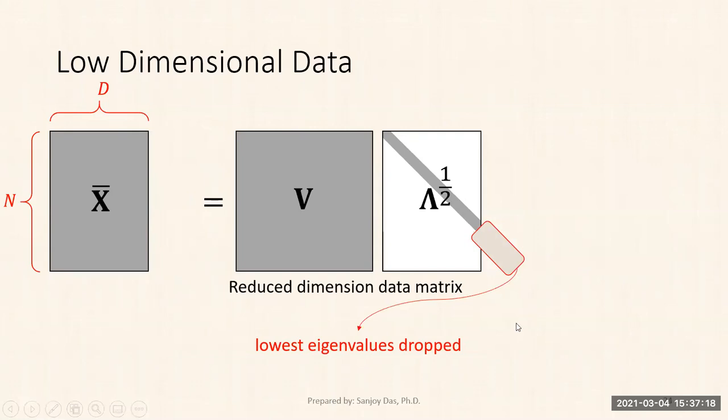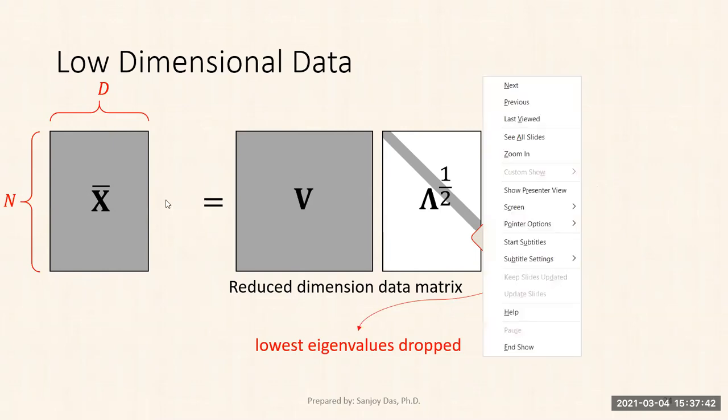And so this gave us a reduced dimensional data matrix, X bar. Since we started with 3-dimensional data, we took 3 dimensions. But if we had started with very high dimensional data, then what we would have effectively done is reduce the high dimensional data into just 3 dimensions.